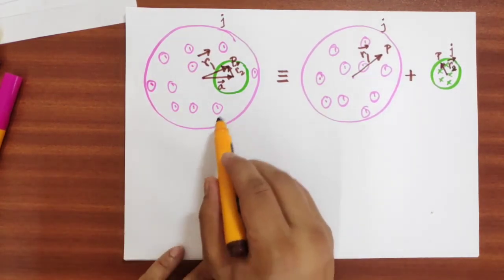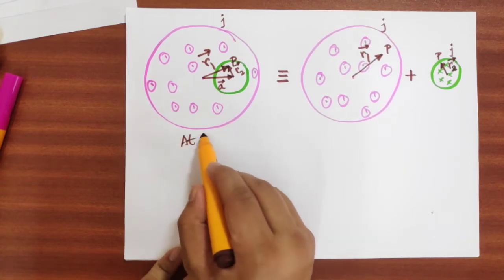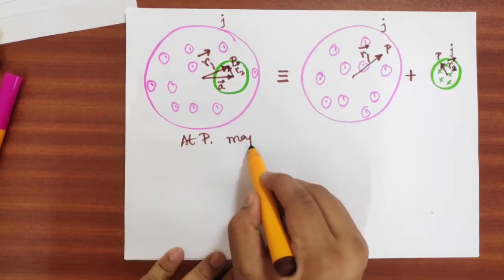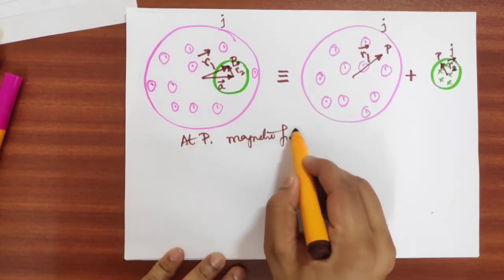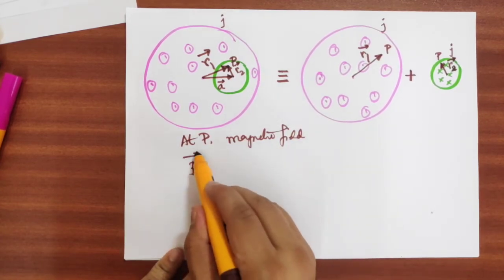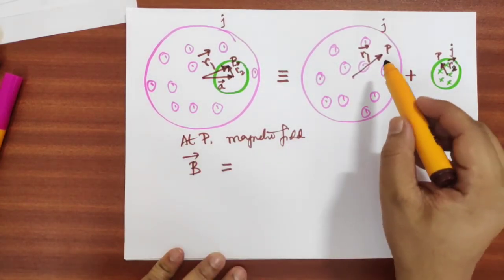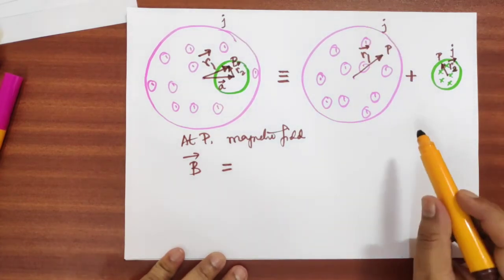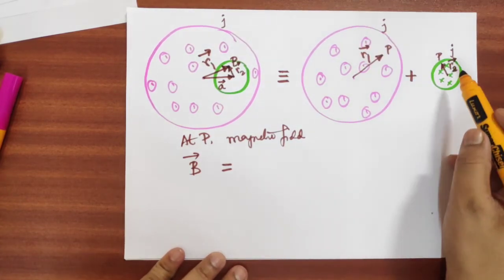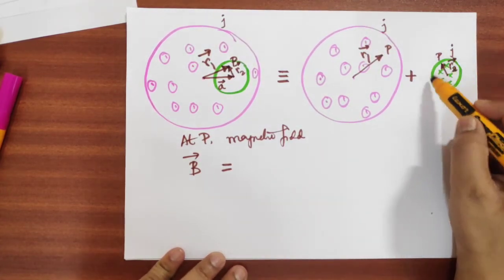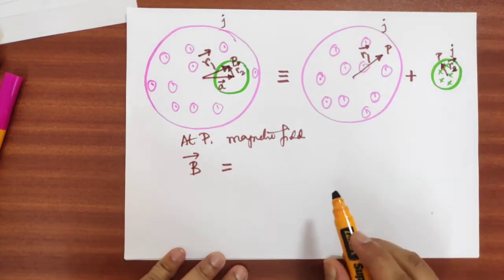So at P, the magnetic field B is the magnetic field due to this wire plus the vector sum of the magnetic field due to this wire carrying current this way.